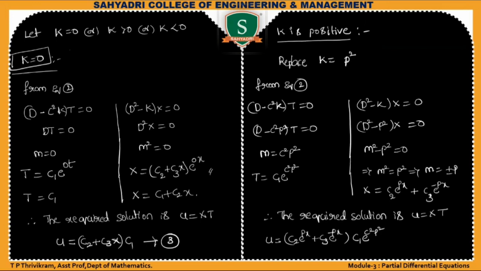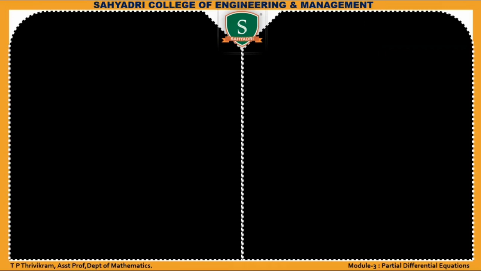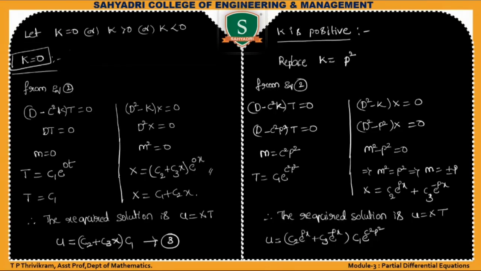Now we have one more condition, that is k is negative. When k is negative, how to replace the k value? Here I said k is positive means I have taken some p square, where p is some integer, which might be negative or positive.